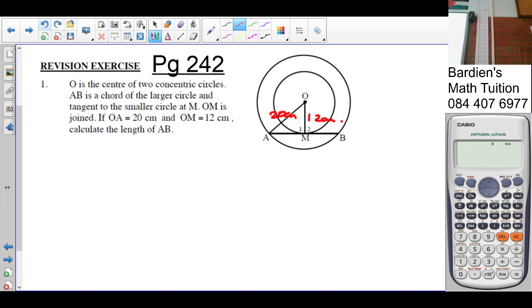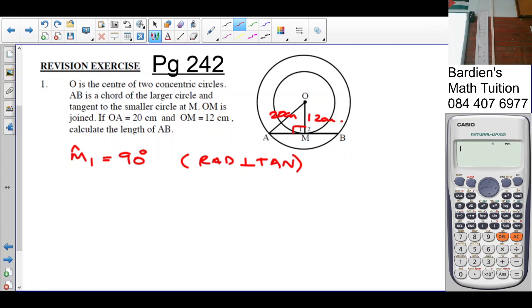It's a rule: whenever something is not on the diagram, it must be stated. So we need M1 to be 90 degrees. We say M1 equals 90 degrees, reason: radius perpendicular to tangent. You must write it.